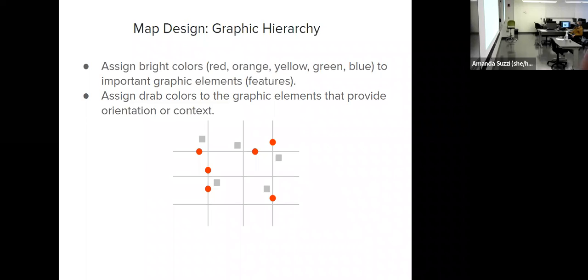So in addition to contrast, you have to think about graphic hierarchy. You want to put bright colors on your important features. So obviously, what are we focusing on here? The red dots, yes. So you assign the drab colors to things that provide context, like the gray squares. So those are there so you have a reference point.